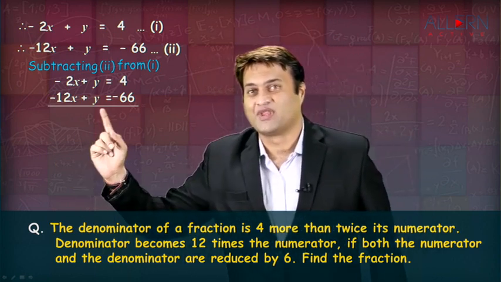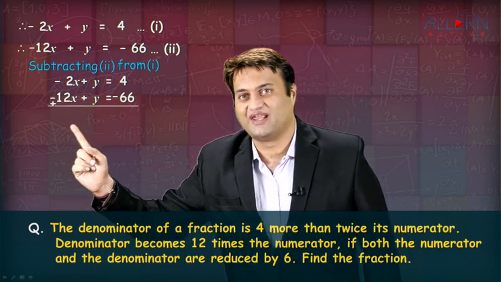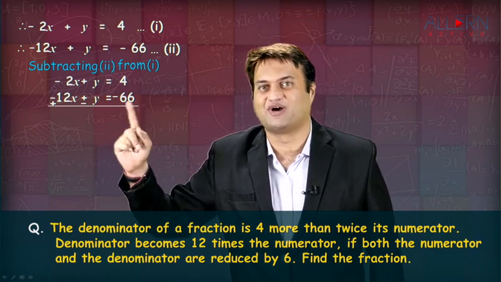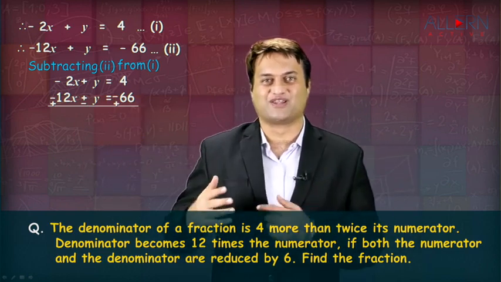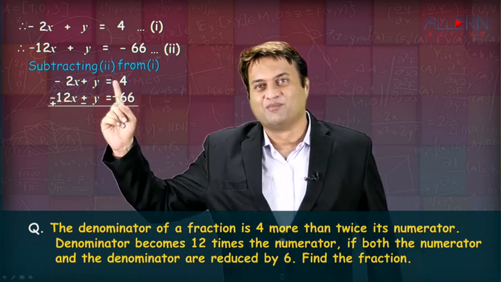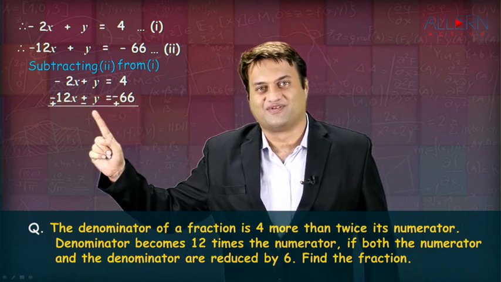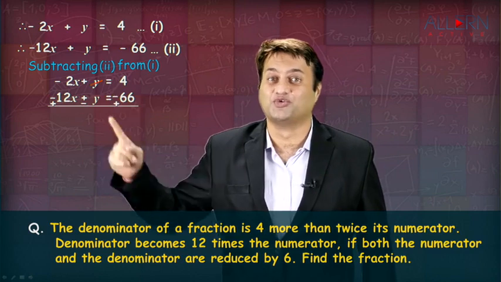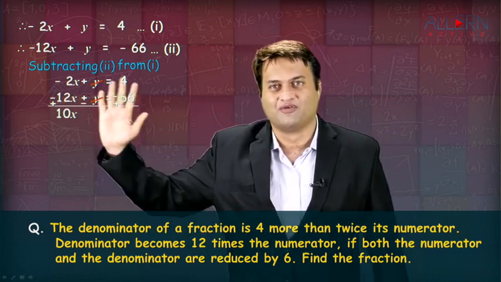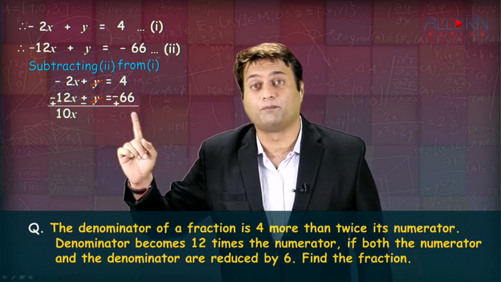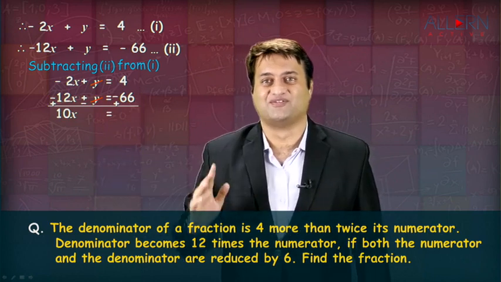So, do not forget to change the sign. Minus 12x becomes plus 12x, plus y becomes minus y, minus 66 becomes plus 66. Work as per the new signs. Minus 2 plus 12, plus 12 minus 2 is plus 10, right, because the bigger number is positive. y gets cancelled. 4 plus 66, which is 70.